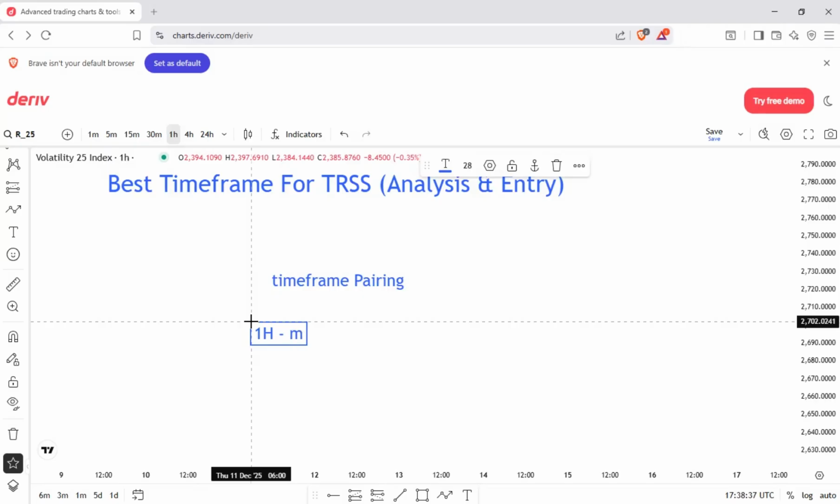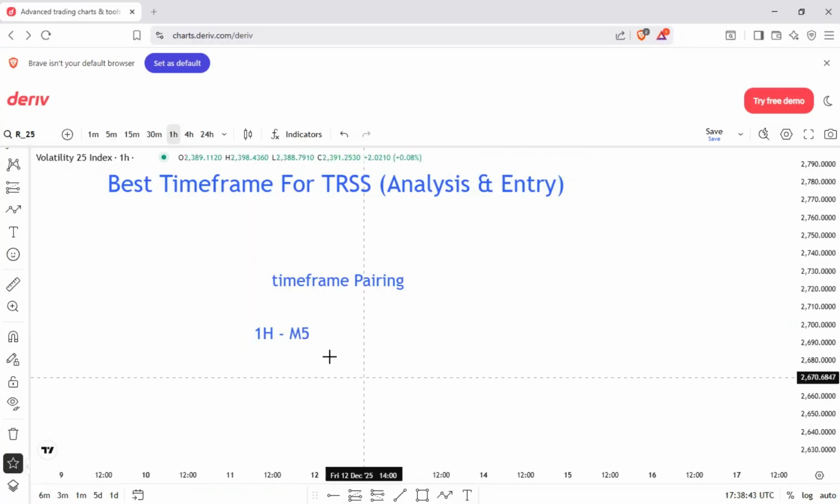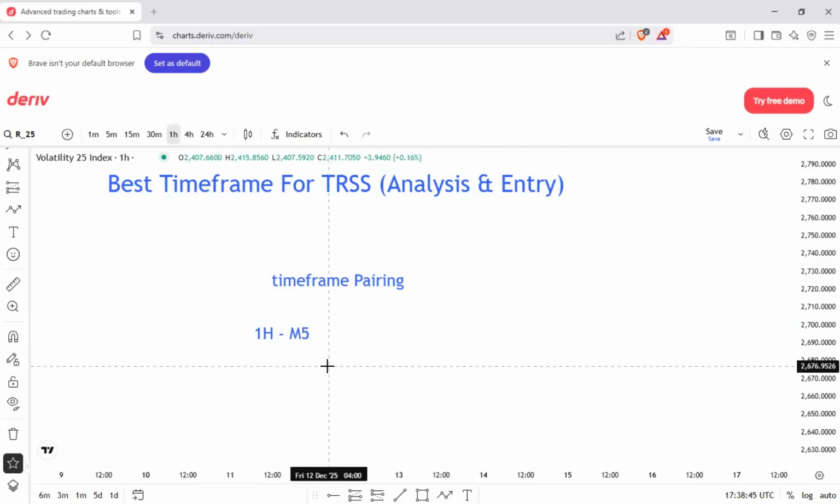Your 5 minutes time frame for your entry.